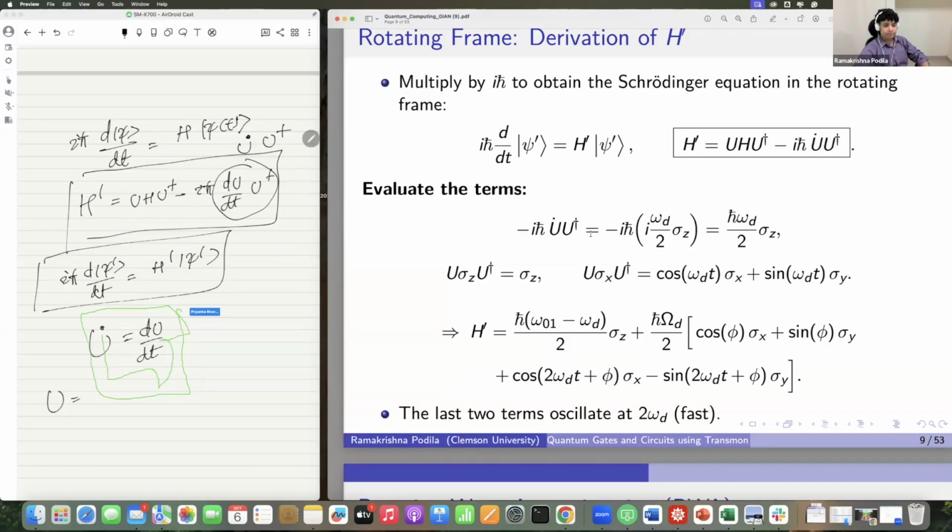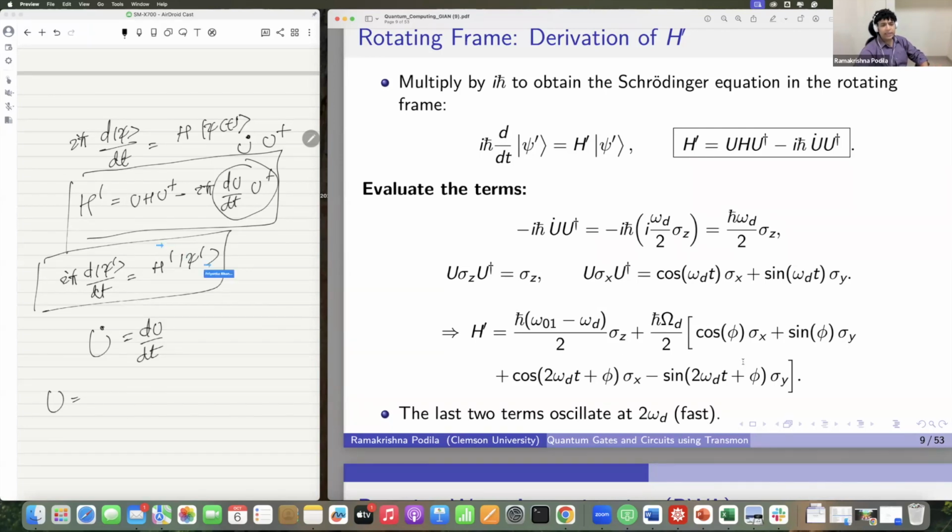So when you have U dot U dagger, you get this term, right? And we can repeat the math and just expand it out, and so we get these extra terms.